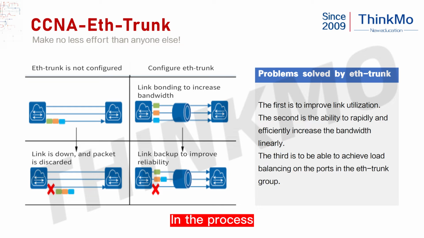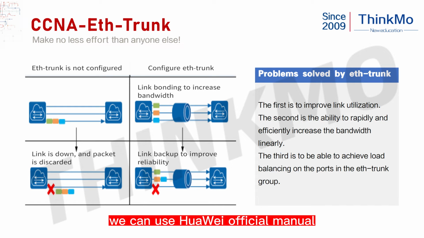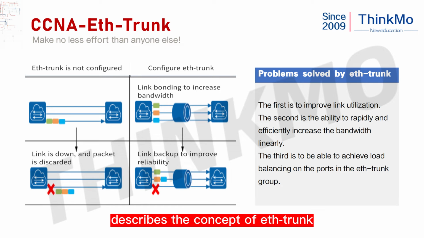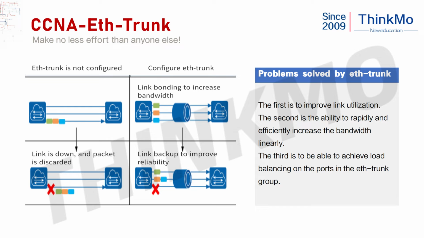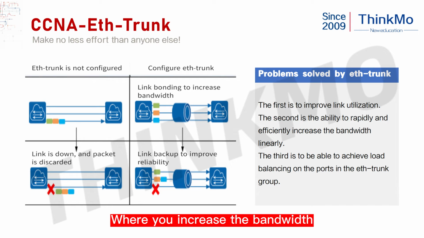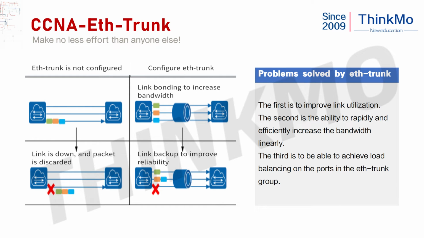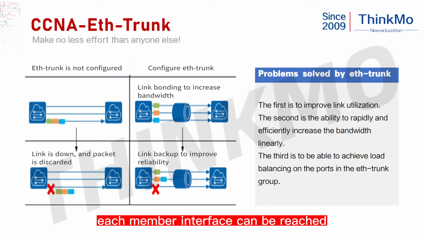In the process, we can use the Huawei official manual. Let's take a look at this section, which describes the concept of the ETH trunk. It has three advantages mentioned above: increased bandwidth, improved reliability, and load balancing. Increasing the bandwidth means the link aggregation interface's maximum bandwidth is reached by the member interfaces.